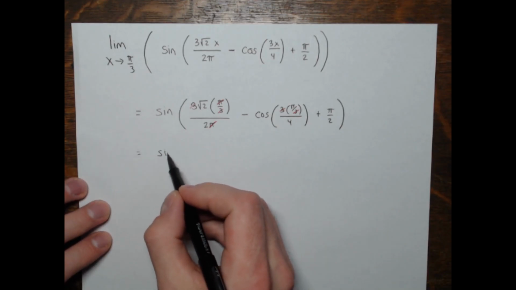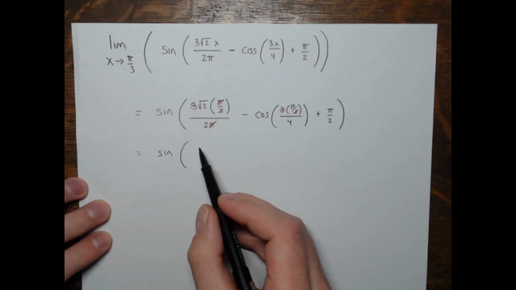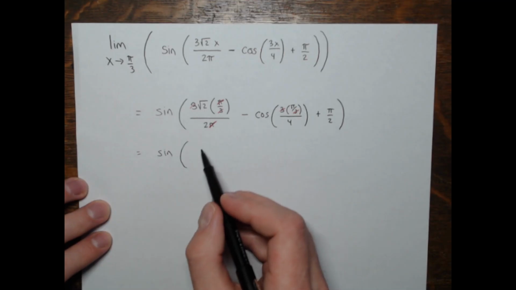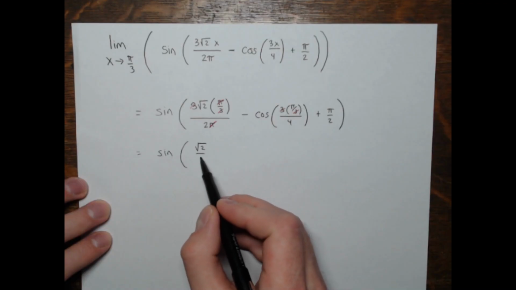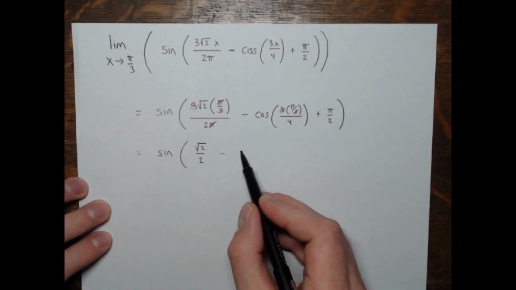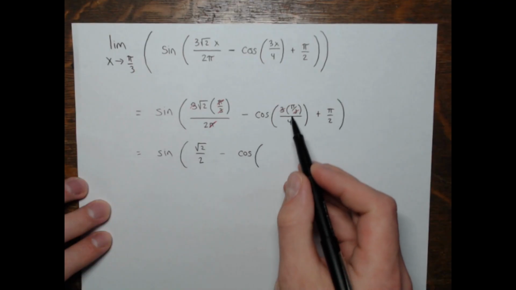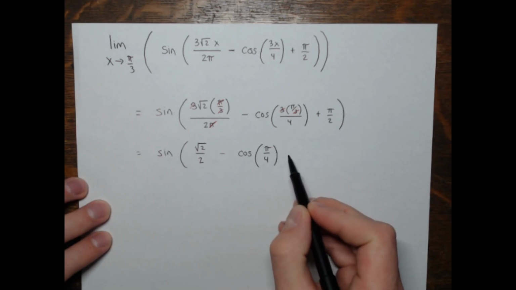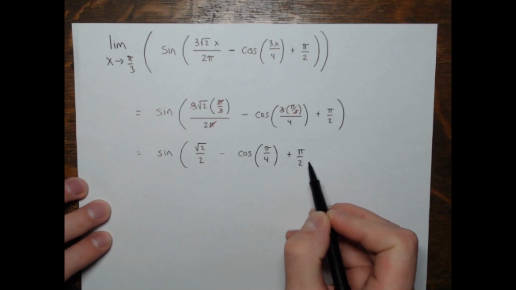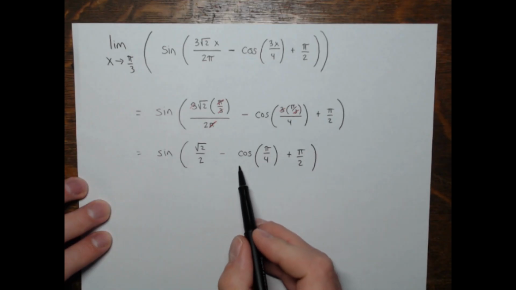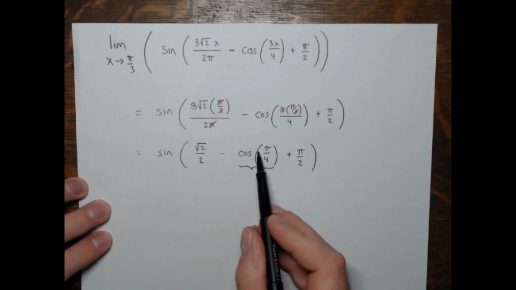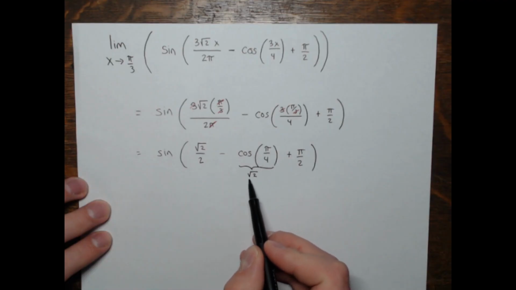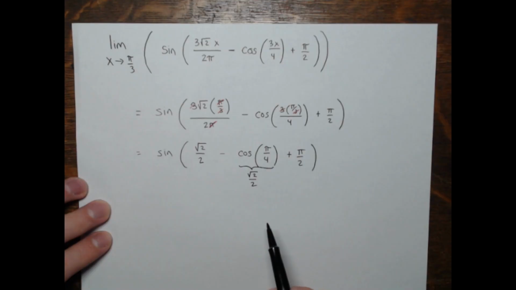I'll just do one little simplification at a time here. So this is the sine of, with the cancellations, square root of 2 divided by 2, minus the cosine of pi over 4, and then plus pi over 2, all inside the sine. You may recall the cosine of pi over 4 was also the square root of 2 divided by 2.